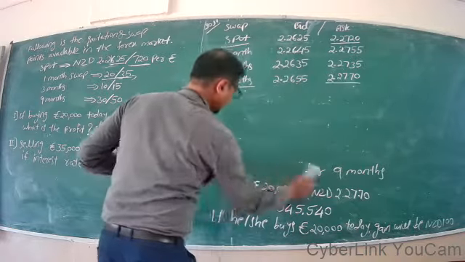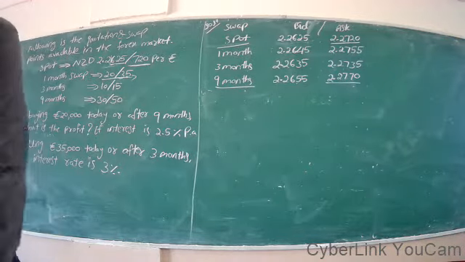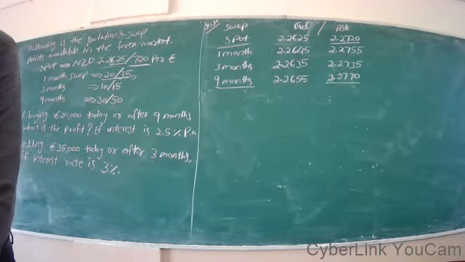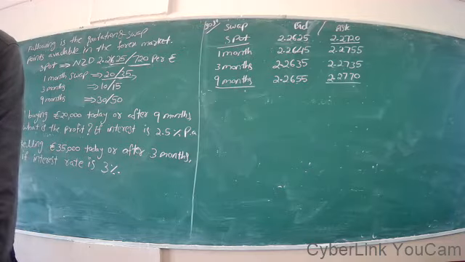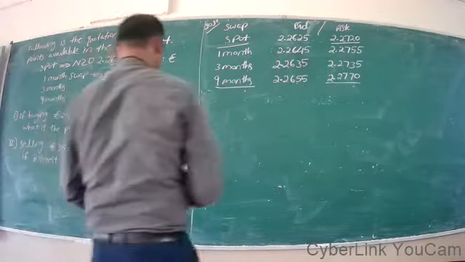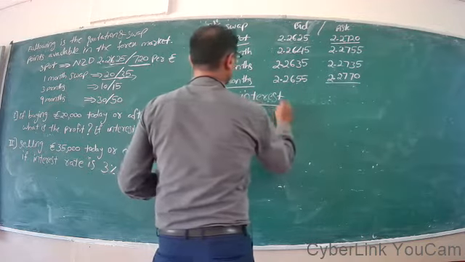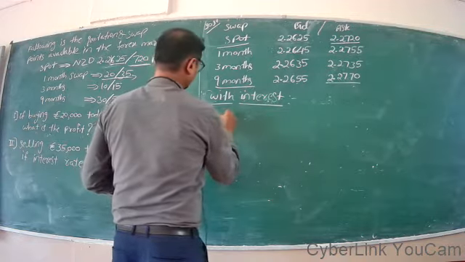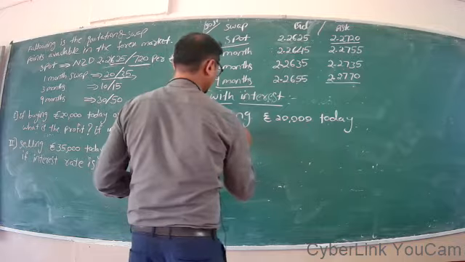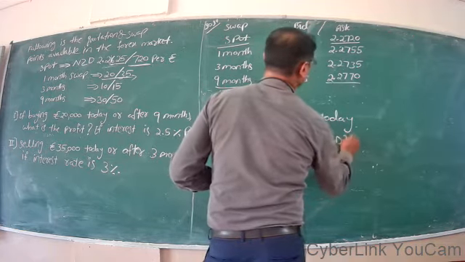If we consider the same transaction with interest, if we are buying 20,000 euros today, that is 20,000 euros multiplied by New Zealand dollar 2.2720.